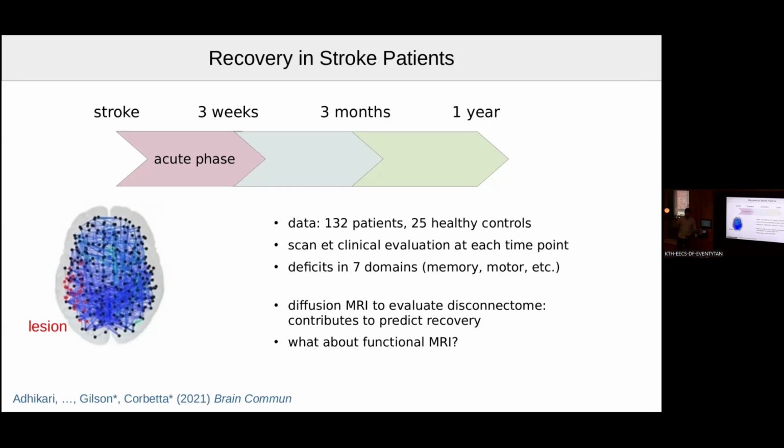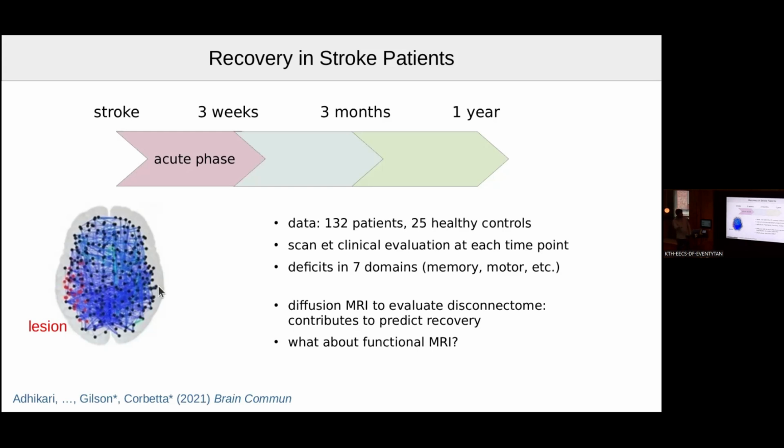So they had both structural and functional scans in the MRI. And the clinical evaluation involves some cognitive tasks, so to measure their deficits in different domains like motor, memory, etc. And what has been already shown by the group of Matthieu is that the diffusion MRI, something that you see here, where you look at, for one patient, where you've got a lesion and how it affects the structural connectivity, so the anatomical pathways between the different brain regions, can predict the recovery of the patient.